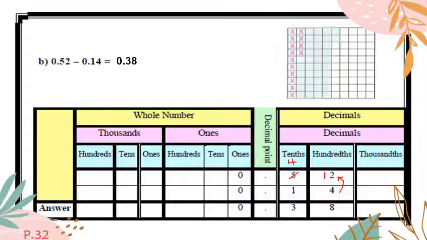Here I want to make subtraction, so I'm gonna cross what? Cross 14. I will cross the first column. The first column represents 10, 11, 12, 13, 14.